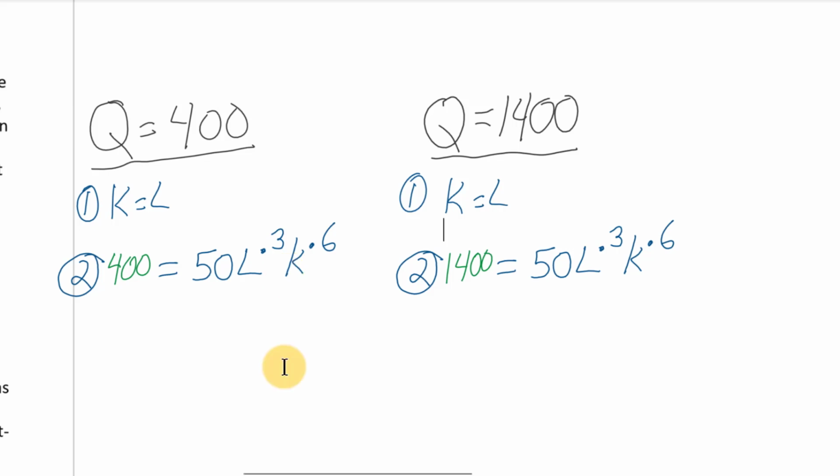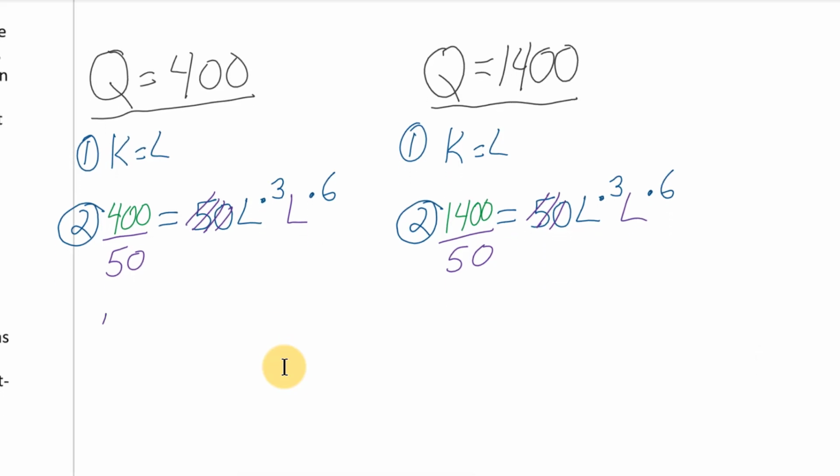So let's go ahead and start simplifying this to see what is going to happen. No matter which problem we're working on, we're going to want to divide by 50, right? And that 50 on the right-hand side will cancel out. And then we're going to want to plug in K equals L. So let's erase the K and just call that L. And we're going to be collecting the L's to get L to the 0.9.